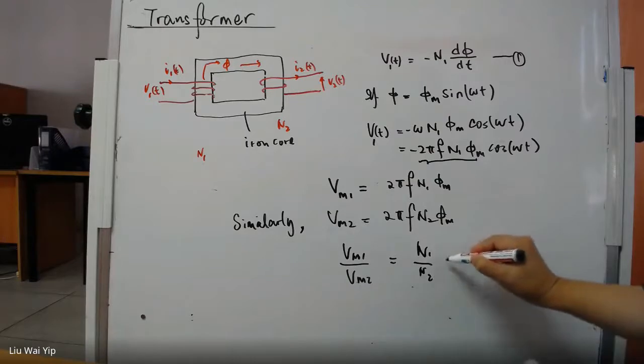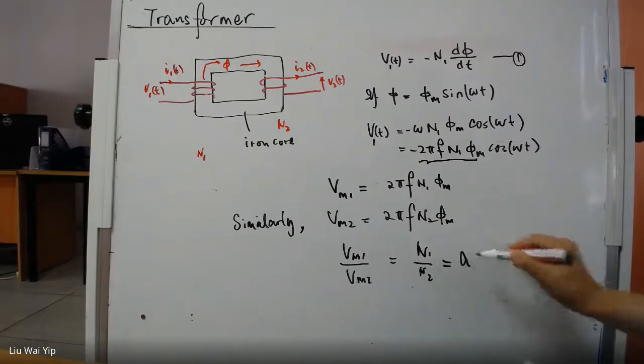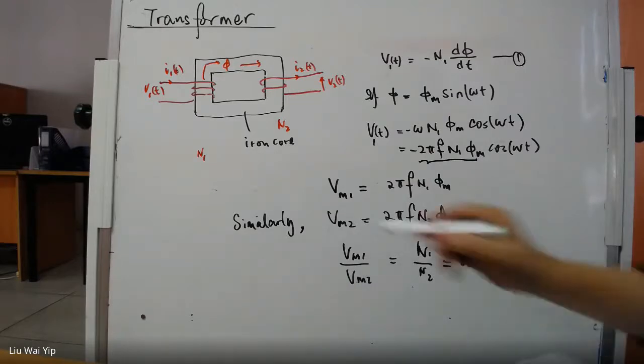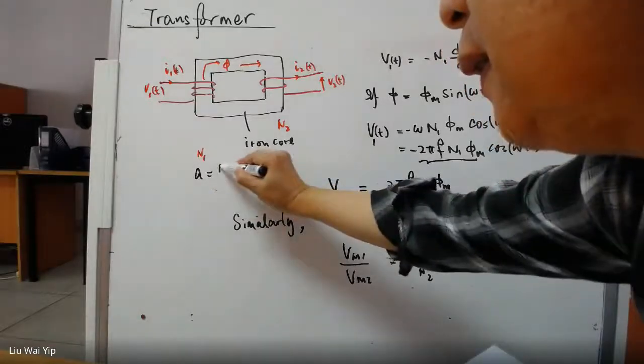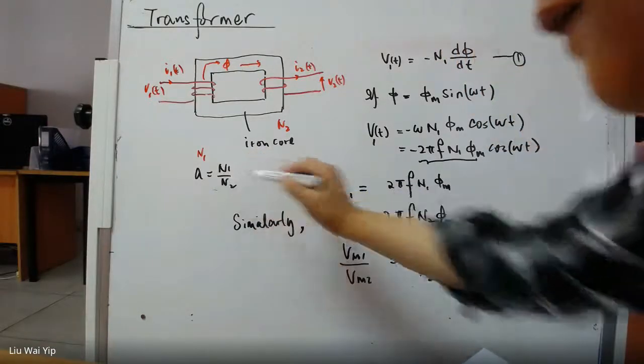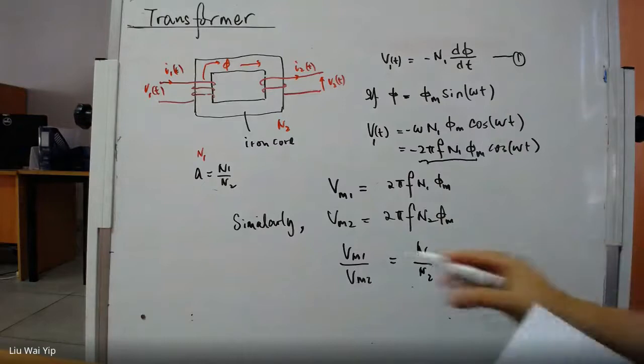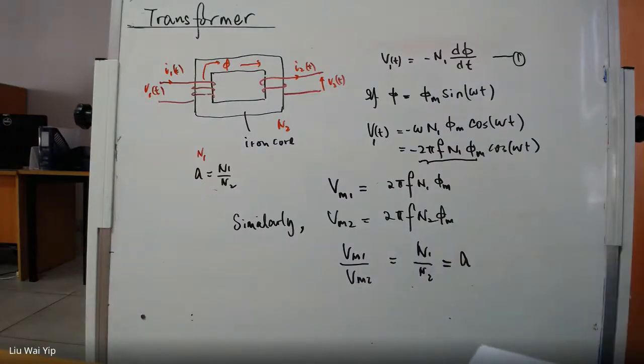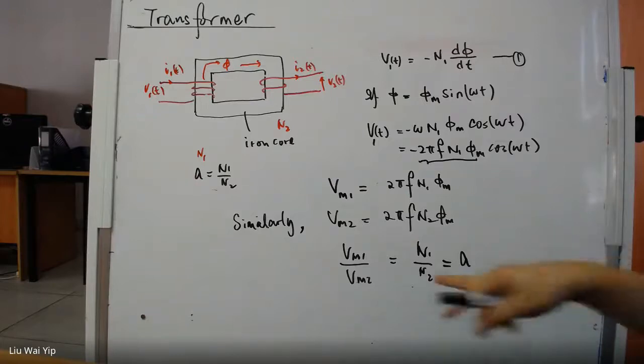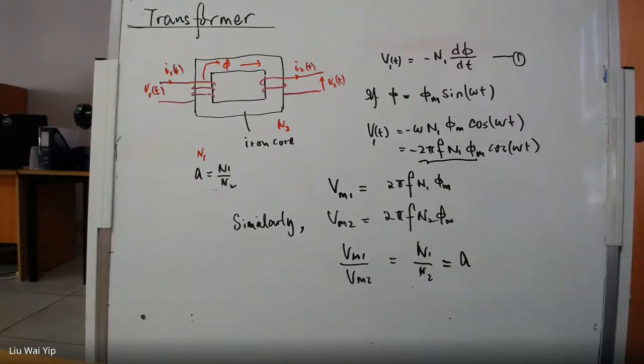Let's define a parameter, say A. A is the turn ratio. Now we have got this: the ratio of the maximum voltages in primary and secondary is going to be A.